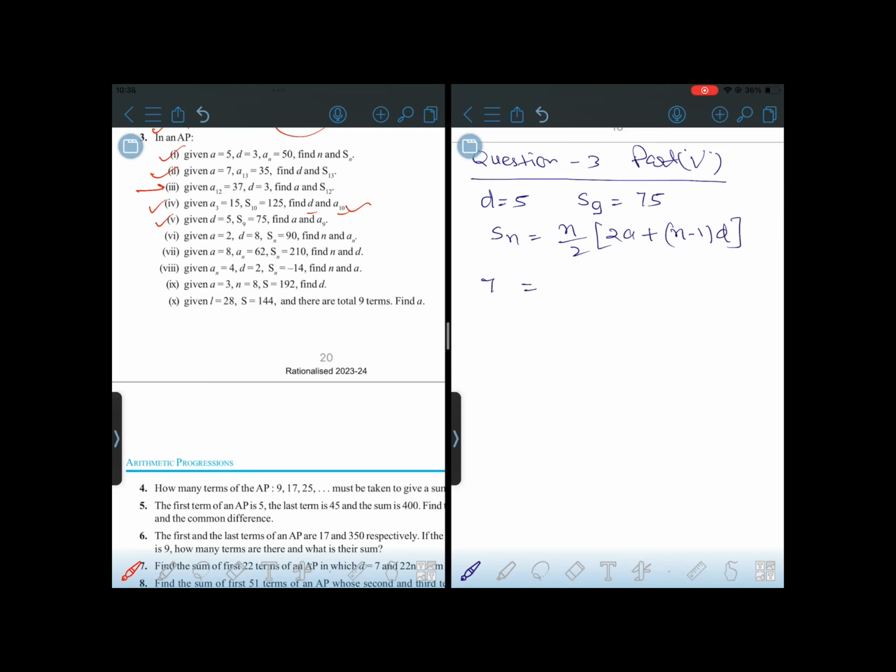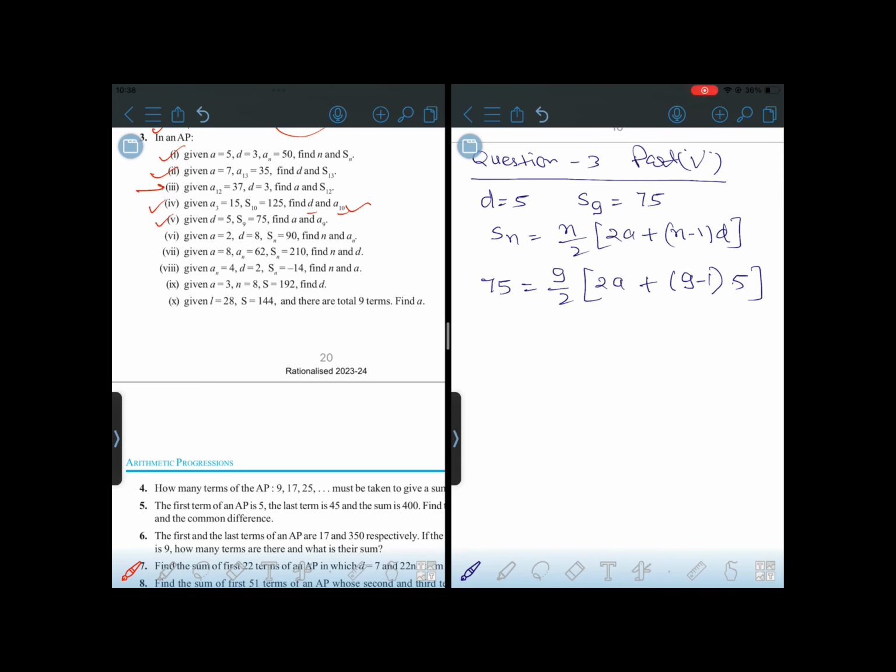So S is 75, and the value of n will be 9, because it's S9, right? So it is 9 upon 2. The A is not given to us, so we just keep it as A only. Then we have 9 minus 1. The value of D is 5, right?